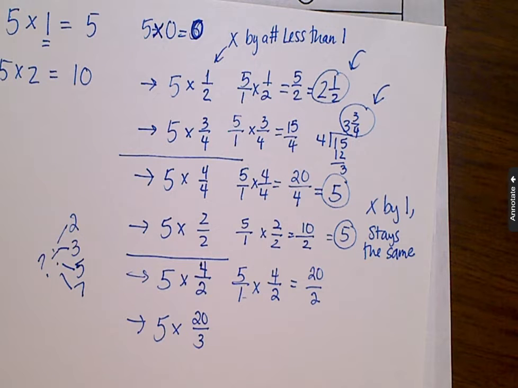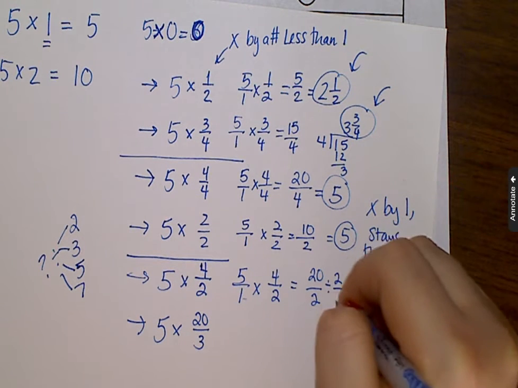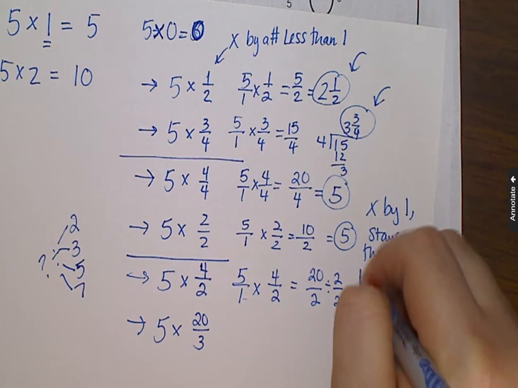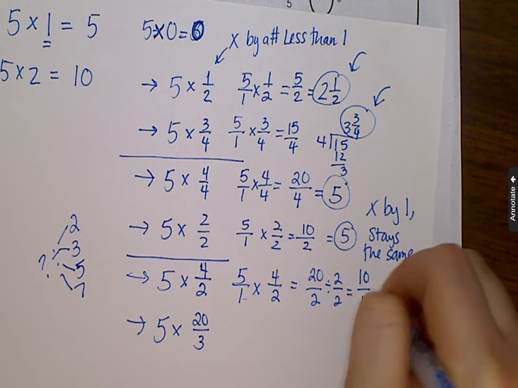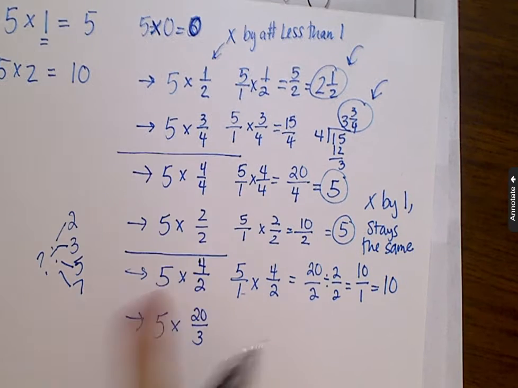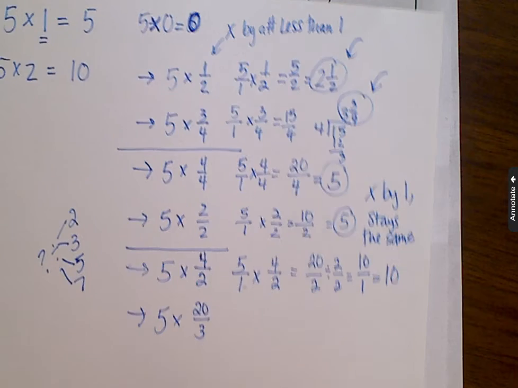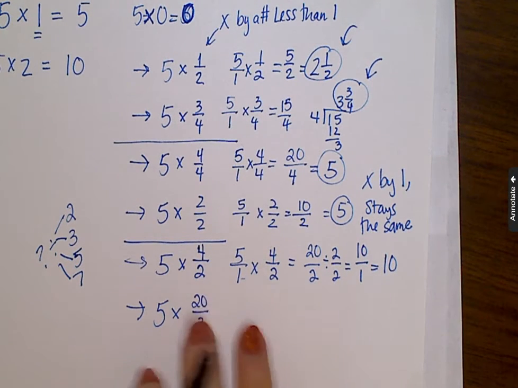So I say 20 and 2. I always start with 2, 3, 5, then 7. Can I divide them both by 2? Yes. So when I divide both of these by 2, I get 10 over 1, which is 10. And that makes sense because 4 halves we know is 2, and 5 times 2 is 10. We're good. Now we're going to look at something that would actually be a mixed number, because that 3 doesn't go in equally.